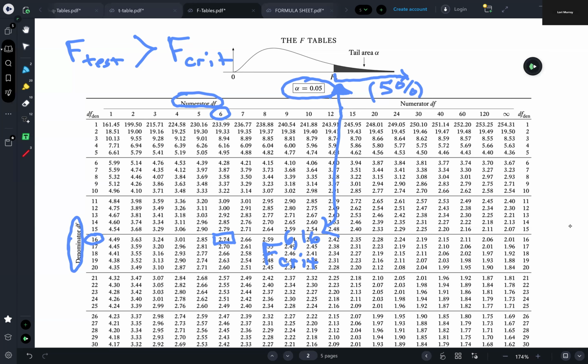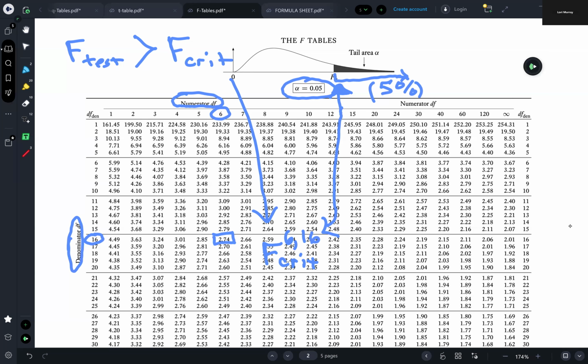So that would be the critical value right there. And so if the F test statistic is not greater than the critical value, then that means that we cannot reject the null hypothesis.